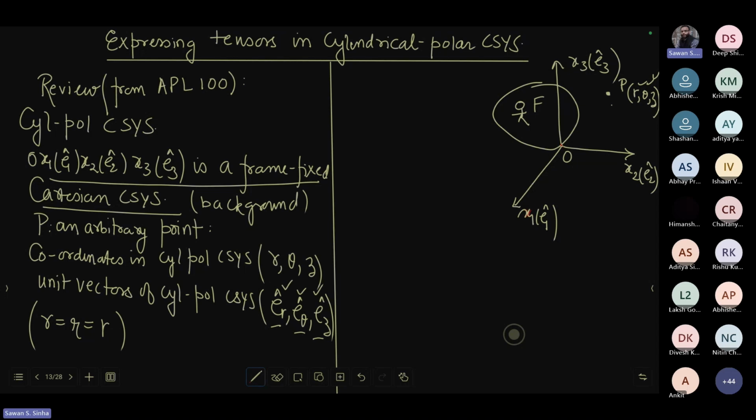So if the point of interest is at this location, we drop a perpendicular on the plane of x1, e1 and x2, e2. Let's call this point P prime. And then you connect the point P prime to O. This distance is r, the same r which is appearing here, and a unit vector which will be along this P prime O will be er.